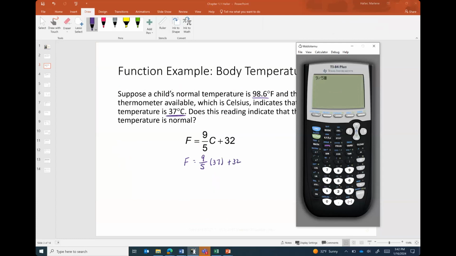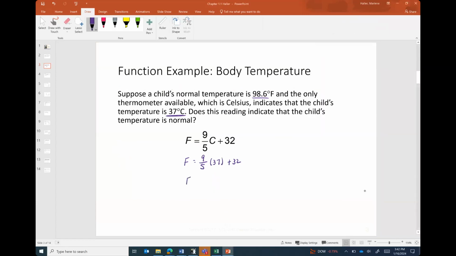And I should put that in parentheses, probably, to indicate that I want that 9 divided by 5, and then I'm going to multiply it by 37. 9/5 times 37, and then we'll say plus 32. And we see that the Fahrenheit temperature is 98.6. So this particular child does not have a fever. This child has a normal temperature.